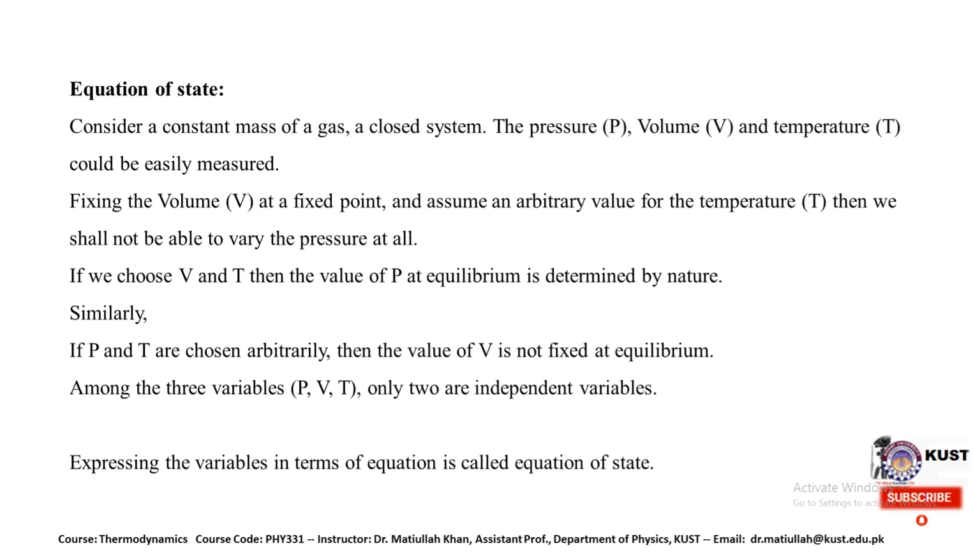We cannot control all three values at the same time, only two simultaneously. So among the three variables P, V and T, only two are independent variables and the third one is a dependent variable.